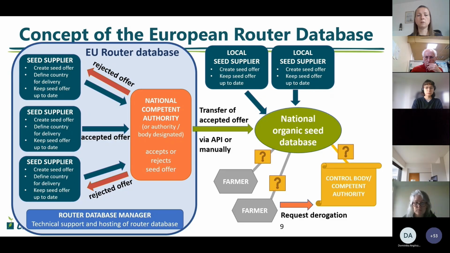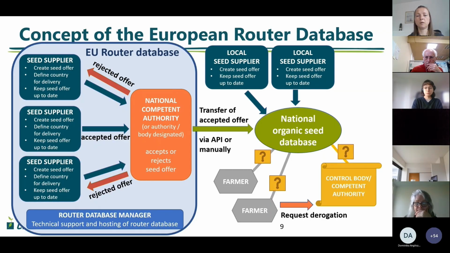They have a login to this database, and the authorities need to review the supplier if they're from another country and see, maybe, whether there is a certificate for organic production and all these legal obligations. And if the authority agrees, then they can accept the offer, and then this offer should be transferred to their national database. It's on the right side, the green one.